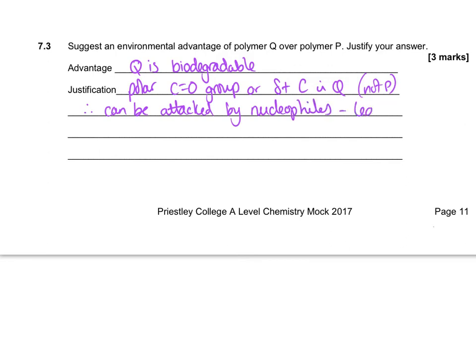And that leads to breakdown. Now that's enough to get you the mark. So you get 1 for that, 1 for that, and 1 for that. But you could say it undergoes hydrolysis as well, and that's another way it breaks down. That's still a nucleophile that would be attacking it.